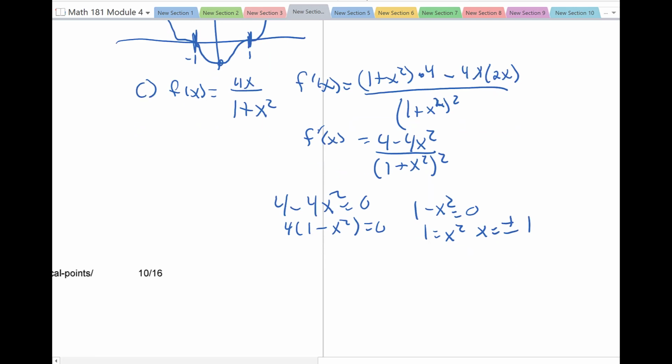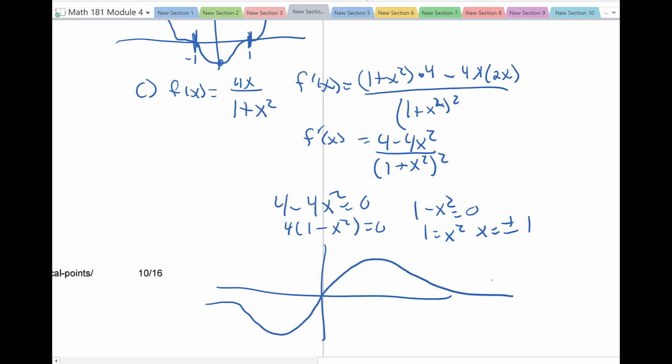This one has a graph like this. So we're seeing that 1 gets the peak and negative 1 gets that valley. Okay. Let's go on to the next one.